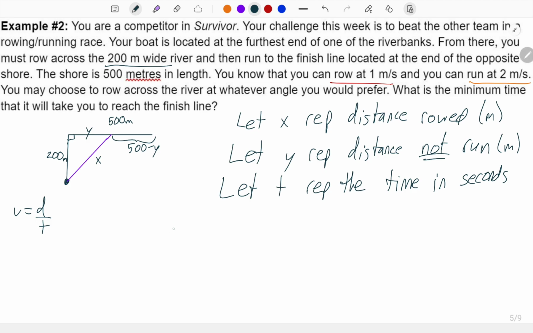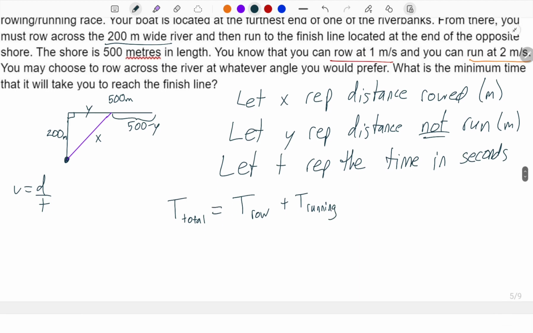Okay. So what we want to really figure out is we want to minimize the total time. And to do that, we're going to have to know what the time rowing is plus the time running. So let's figure out those two times.